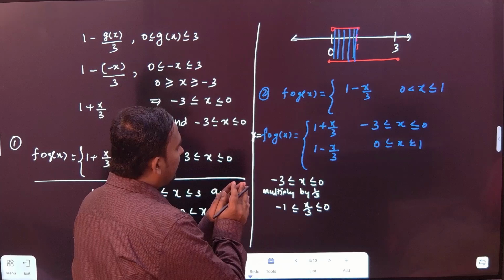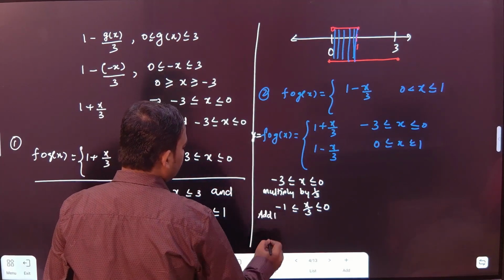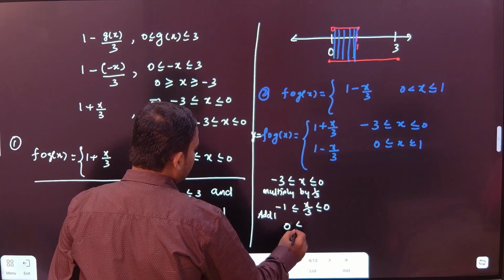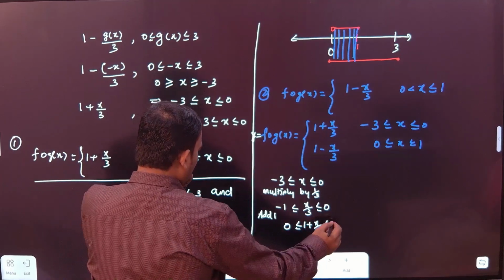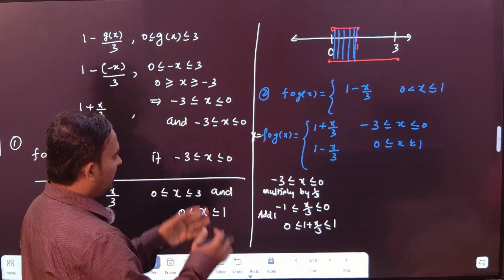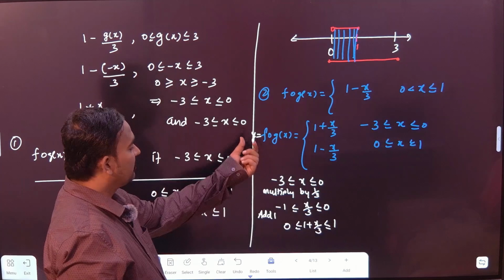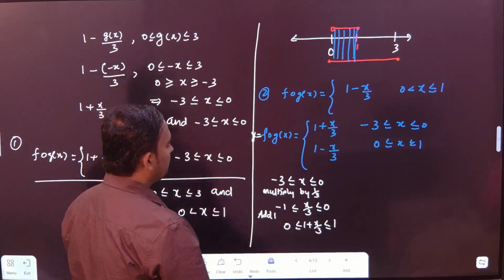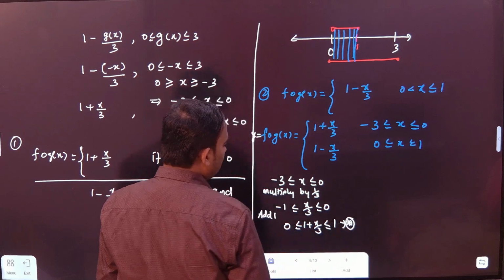Now you can add 1. 0 less than 1 plus x by 3 less than 1, right? 0 to 1. Okay. In this case, first when x is minus 3 to 0, the range here is what? 0 to 1. This is your, let's take star.